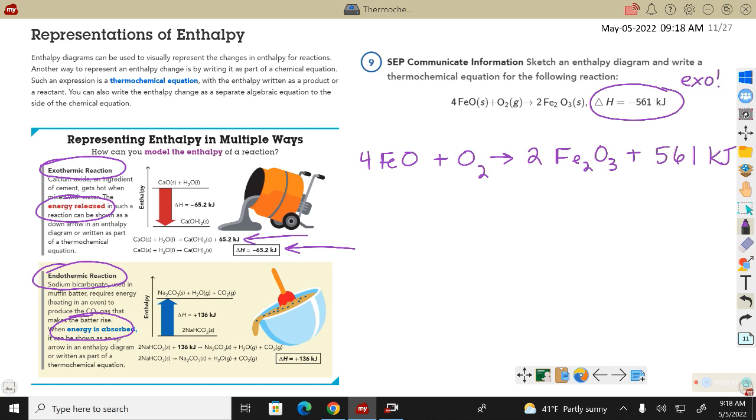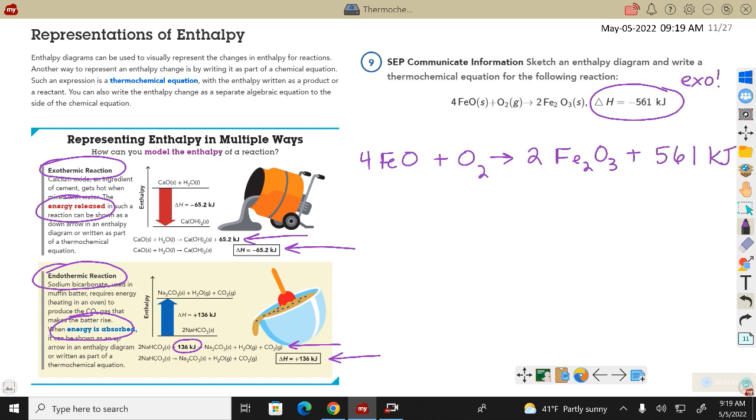So you could see that noted as a positive delta H. Or if it's energy that must be absorbed, maybe you'll see it written in as a reactant. It's energy that I have to add, overall endothermic. There's a net gain in 136 kilojoules.